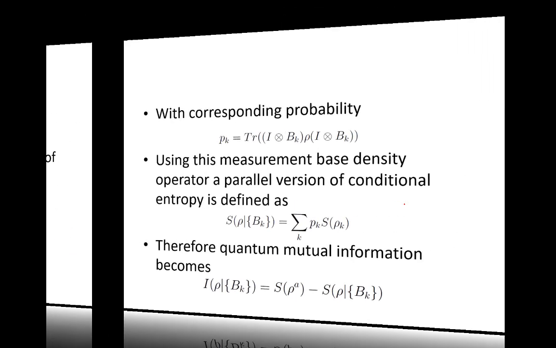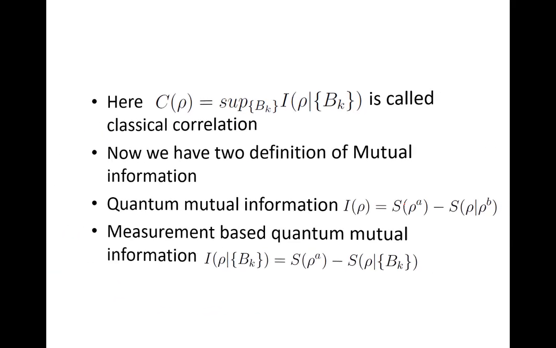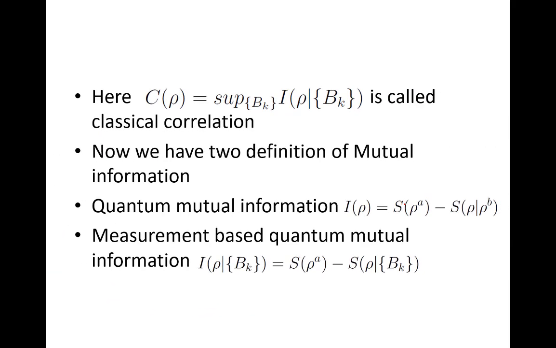This is the formula for quantum mutual information. Okay, so now as you have calculated the quantum mutual information formula, then you have to optimize your mutual information. Why?